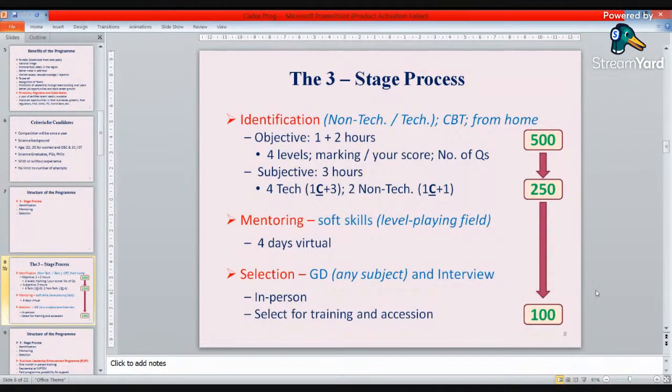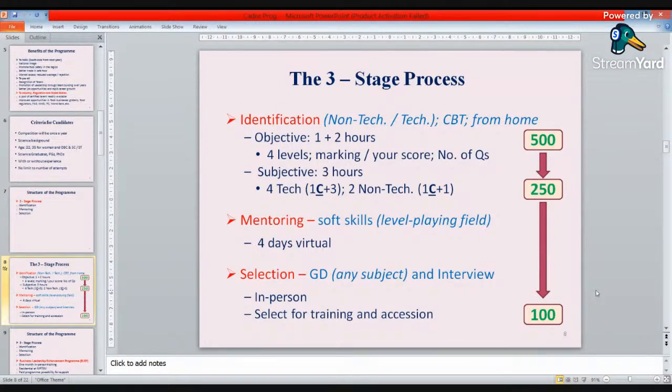So after we have shortlisted the top 500 candidates or 450 candidates, depending upon the number of participants and the scores that people will carry, they will go in for a subjective exam of 3 hours.